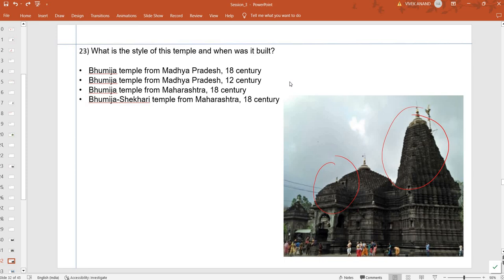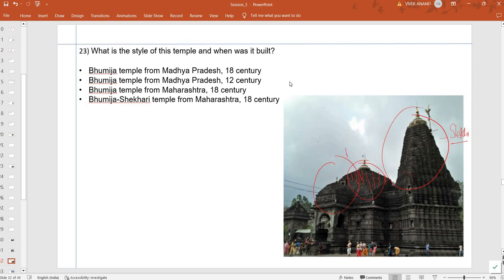So due to this dark image, it is looking like Bhumija. But when you see closely, these shikharas are projected outwards from bottom to top. So this is of Shikhari style, and this building you can say has vertical stripes evident.